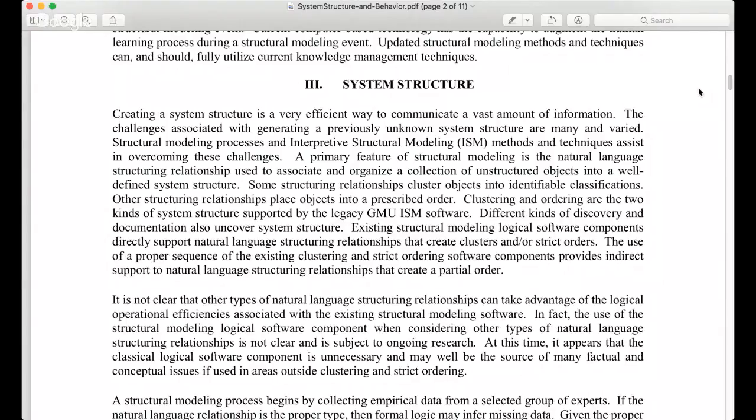And as we said before, the clustering and ordering are also two kinds of system structures supported by the legacy GMU ISM software. And in the methods that we use now and have verified, basically what we do is we use strict order and clustering or equality, things that are equal, combine those in a series to address partial orders.